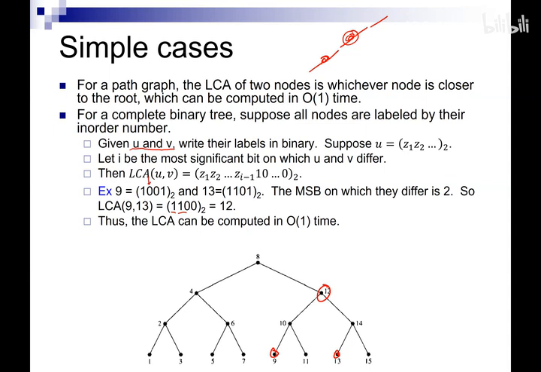Okay, so basically, the reason this works is that this digit I over here on which U and V differ, you follow some path to go from the root to U, and then you follow some path to go from the root to V. And so the first time that this path actually splits, that in order to get to U, you need to go, let's say, left, and then to get to V, you need to go right, the first time that this path splits, that's exactly at the ith bit.